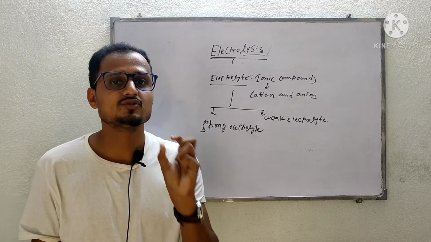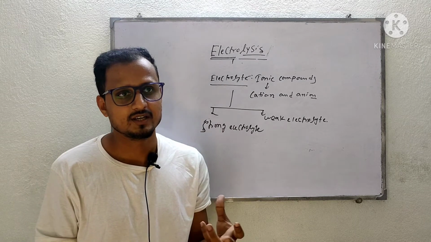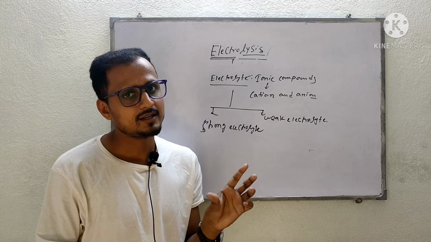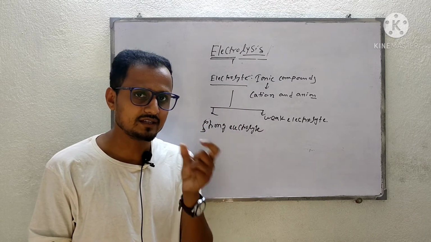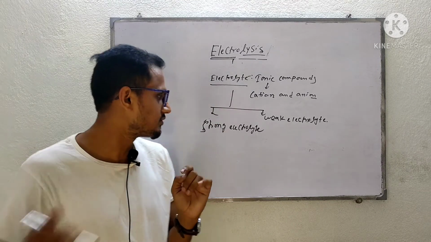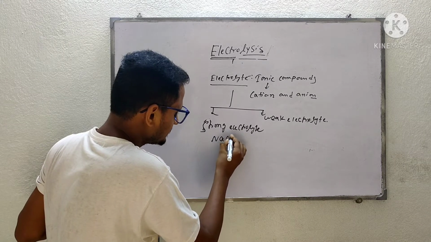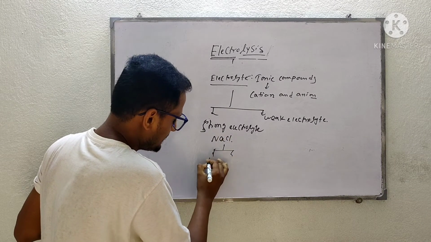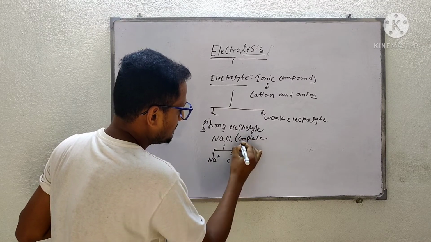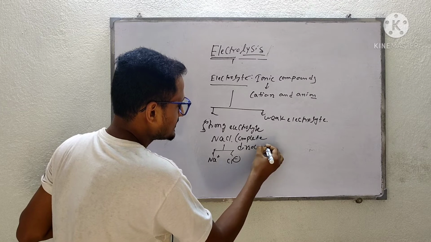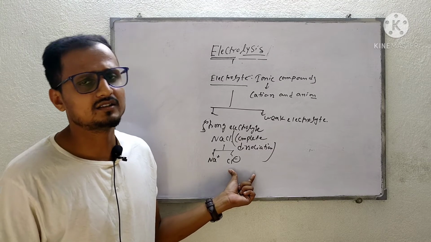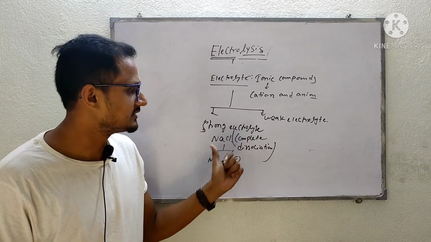For example, sodium chloride is an ionic compound, so it will furnish a positive ion, called the cation, and a negative ion, called the anion. It is completely dissociated, forming Na+ and Cl-. Complete dissociation is what is called a strong electrolyte. Sodium hydroxide is another one. So these are the strong electrolytes.